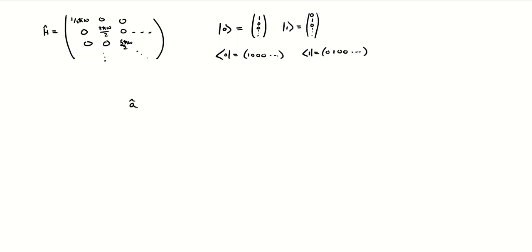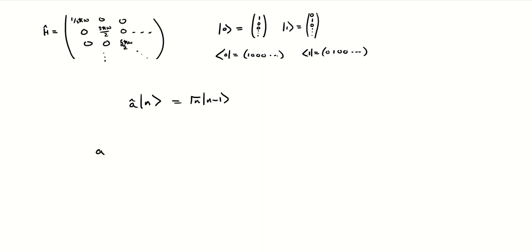So if we think of how the lowering operator acts on some eigenvector n, we know that it ends up being root n times the n minus 1 eigenvector, right?